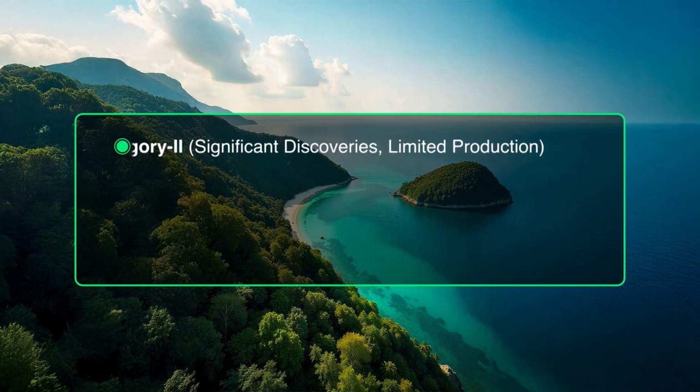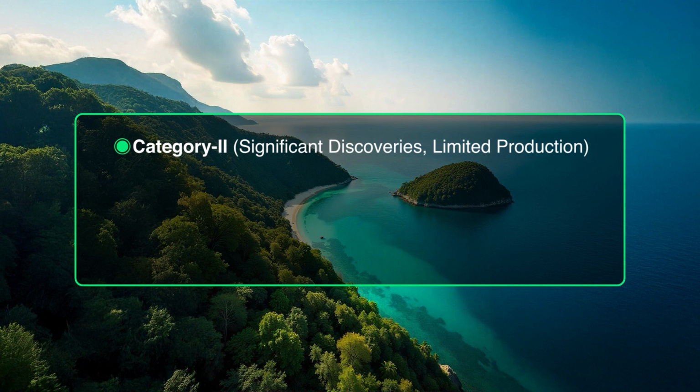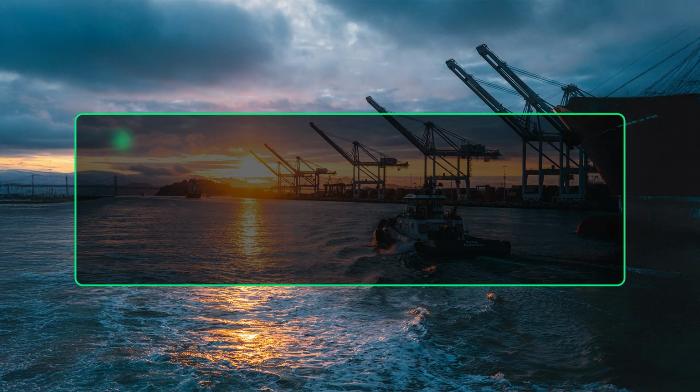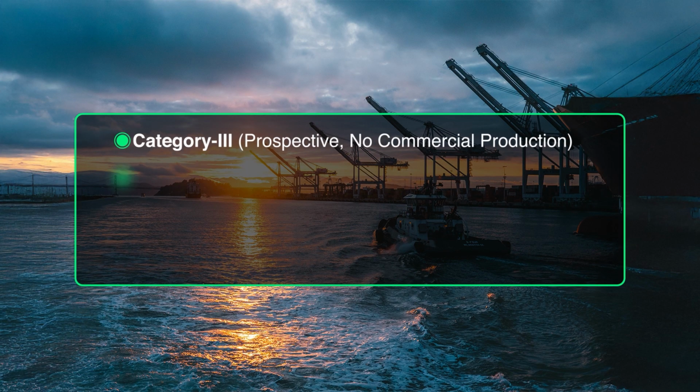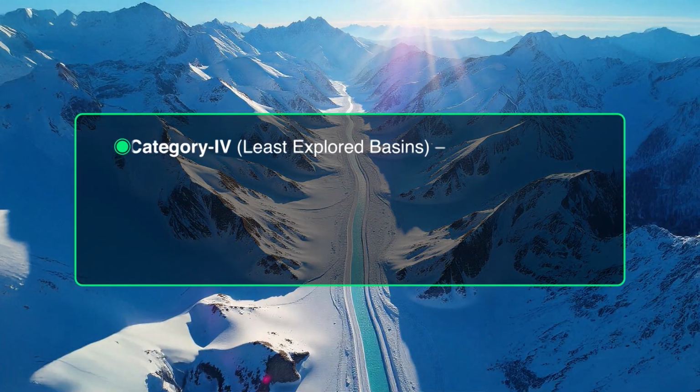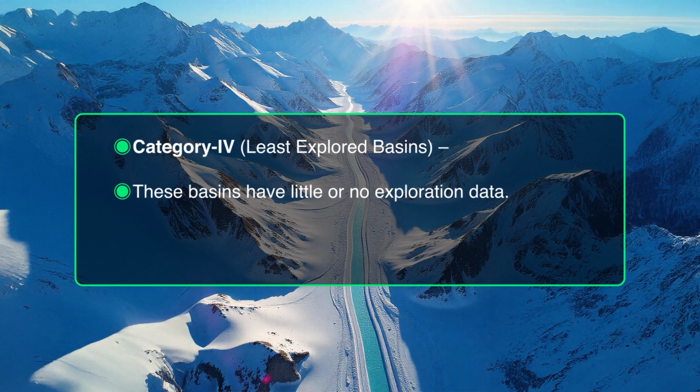Category 2 has significant discoveries and limited production. These basins have hydrocarbon potential, but are not commercially developed. In category 3, these basins have indications of hydrocarbon presence, but no confirmed production. Category 4 are the least explored basins, which have little or no exploration data.